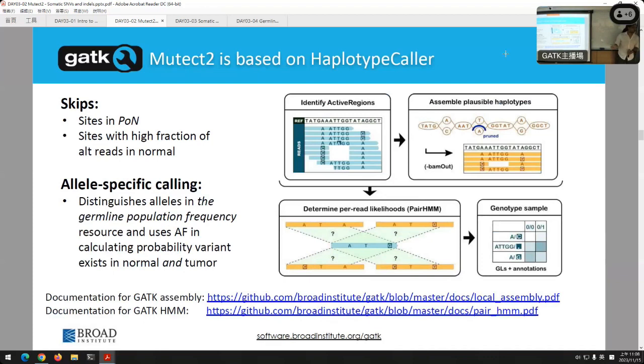One reason is not just that there can be weird things like mutations going on, but you have a lot of potentially different cell lines there. Not only different cell lines, but also some normal cells mixed in in your tumor sample.